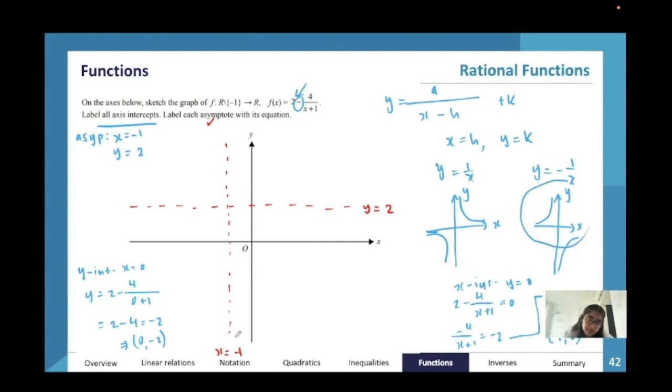We want to show that it is approaching, moving away, and approaching again, and these arrows show that it is continuing forever. Okay, I'll label the intercepts now. Here you've got (0, -2) and (1, 0).